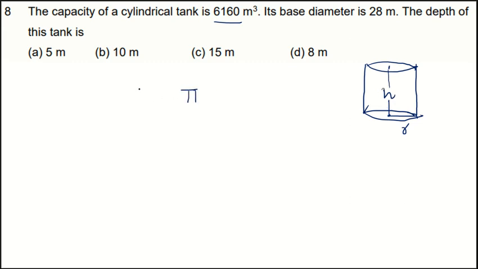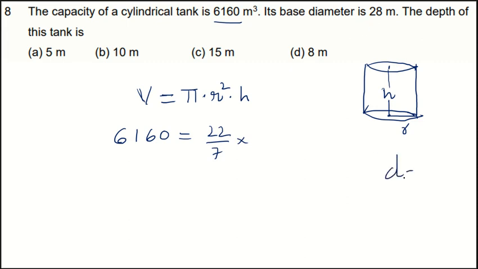Its volume will be pi r square into h. So, when I already have 6,160 meter cube as its volume, then 22 by 7 into r; base diameter is given. When diameter is 28 meter, radius will be 14 meter.